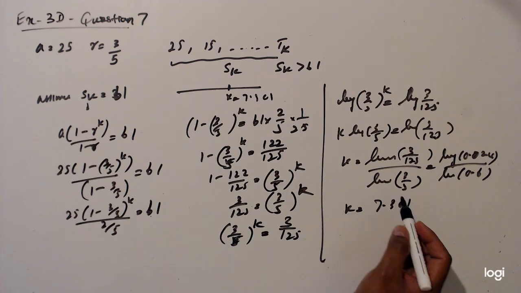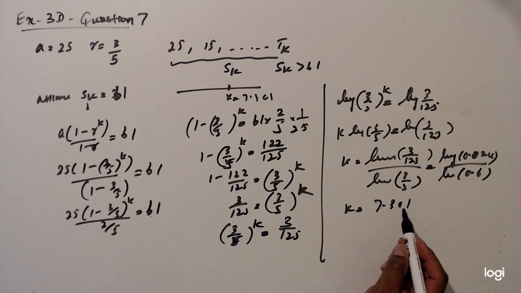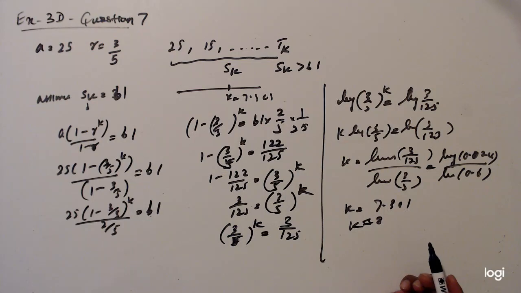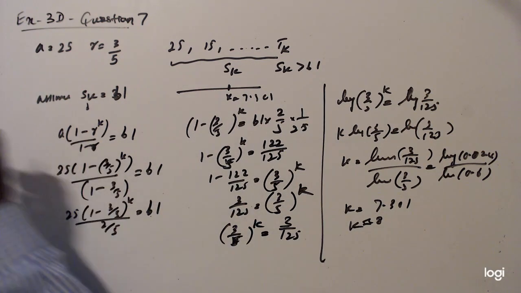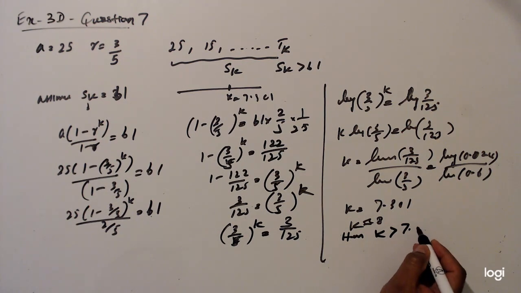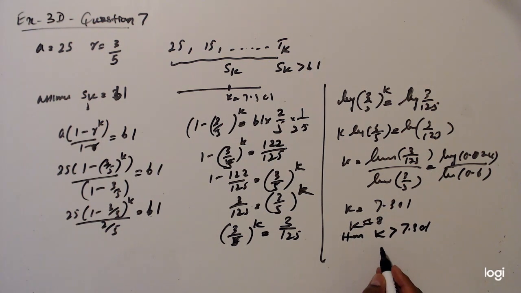Hence k value should be approximately 8. Hence k is greater than 7.301.